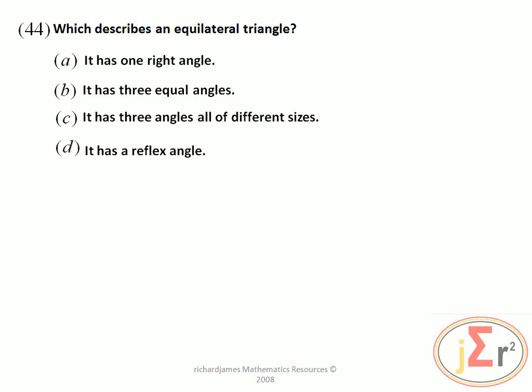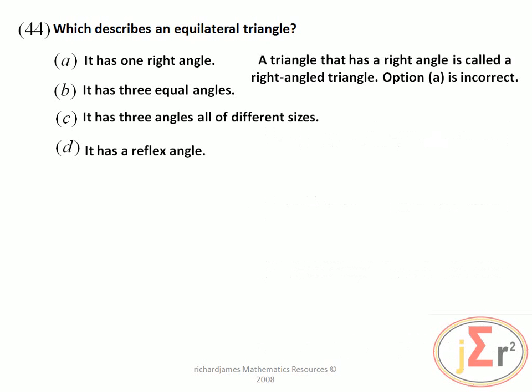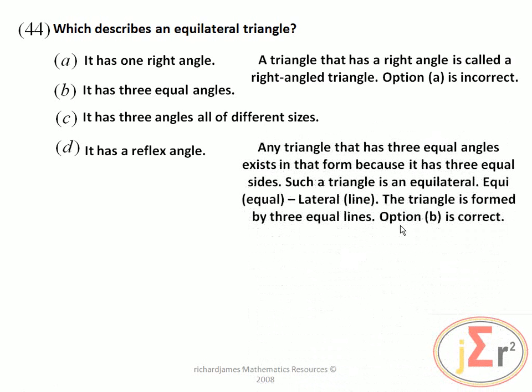Which describes an equilateral triangle? A triangle that has a right angle is called a right-angled triangle. Option A is incorrect. Any triangle that has 3 equal angles exists in that form because it has 3 equal sides.